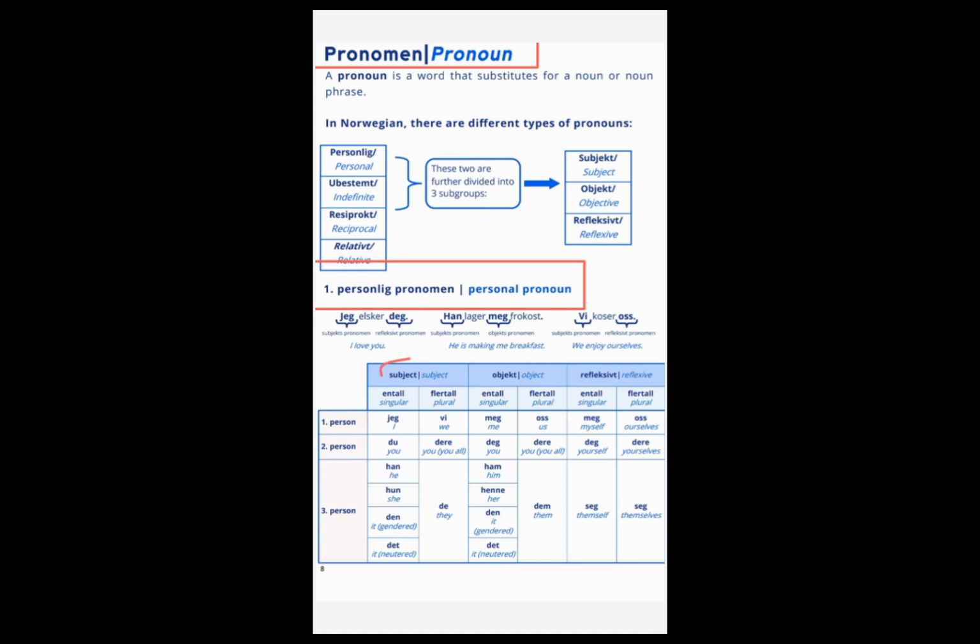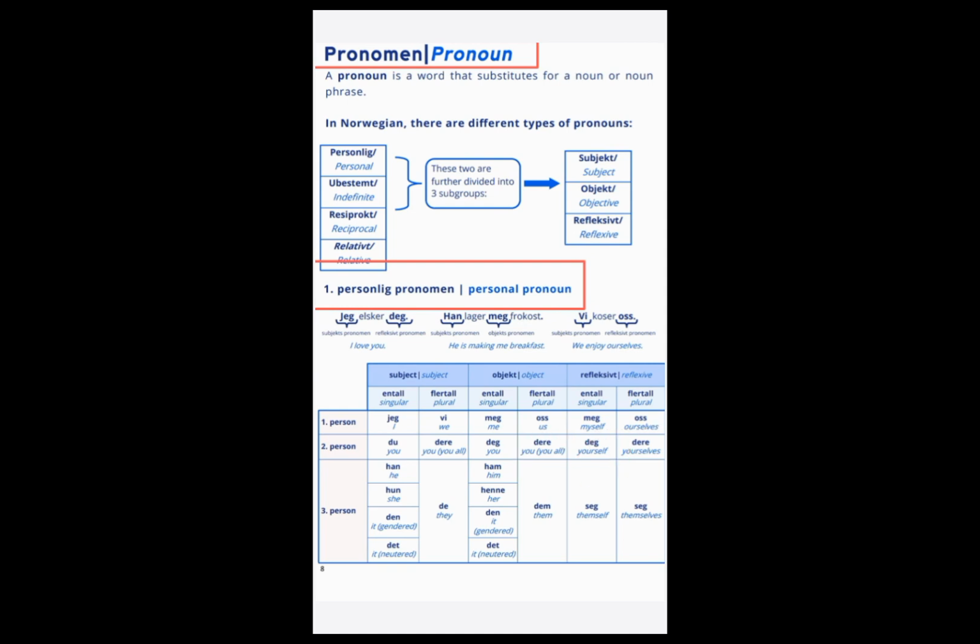These two are the same as in English, but here you will see a reflexive form. This is exceptional in the Norwegian language. For second person, it is du, you, in plural form dere. Dere they use when there are two or more persons, and in object form it becomes deg, dere. In reflexive form it becomes deg and dere.